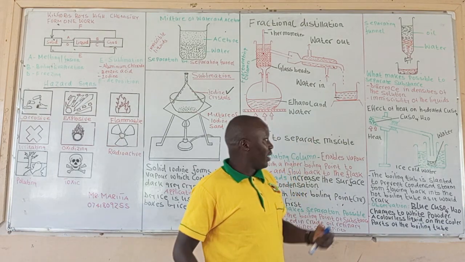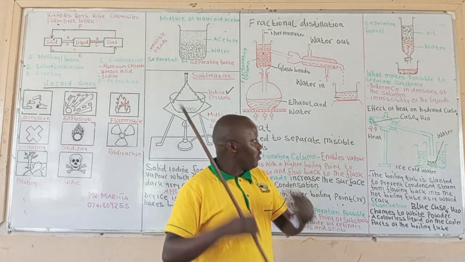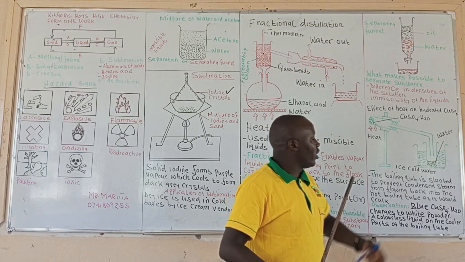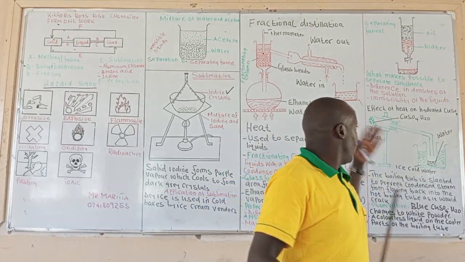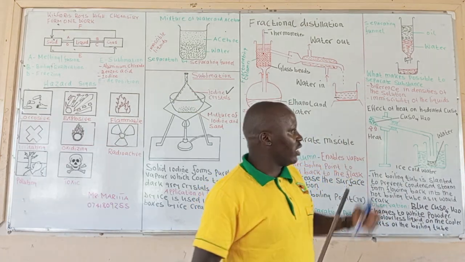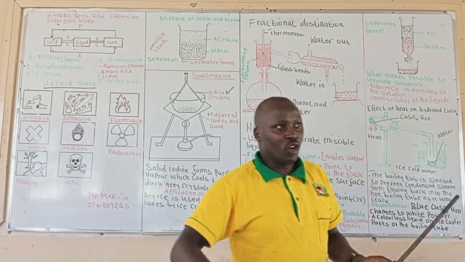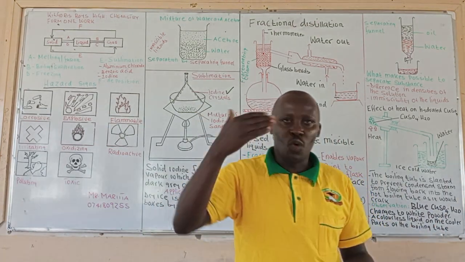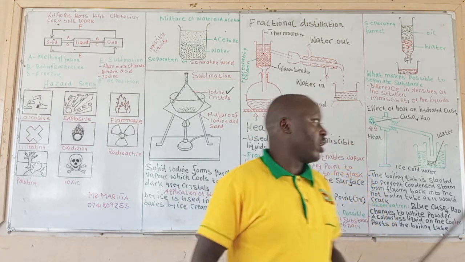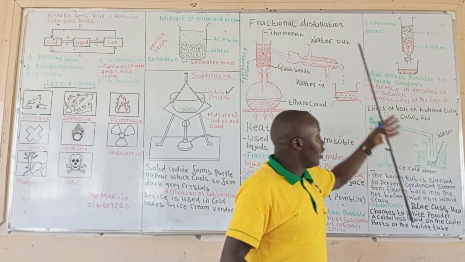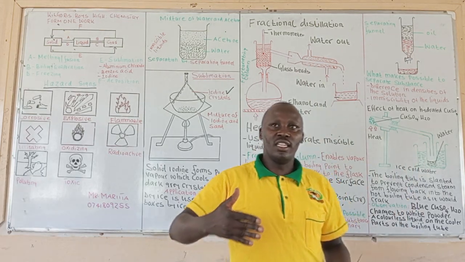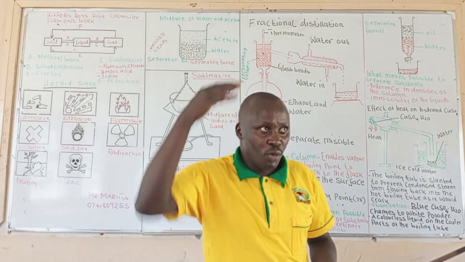Then we have the last part, where we are talking about the effect of heat on hydrated copper-2 sulphate. Hydrated copper-2 sulphate contains water of crystallization, and it is blue in color.